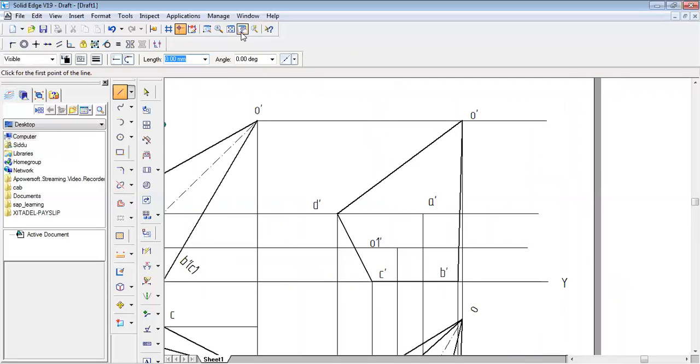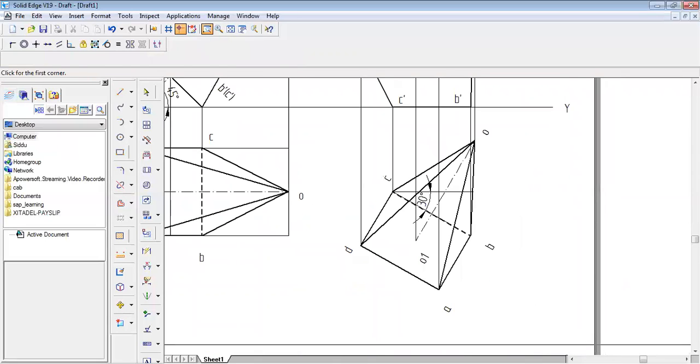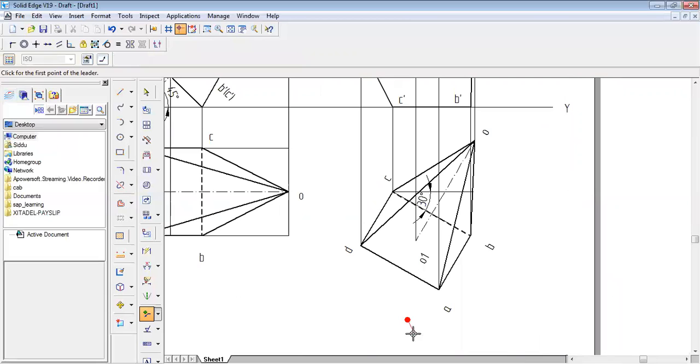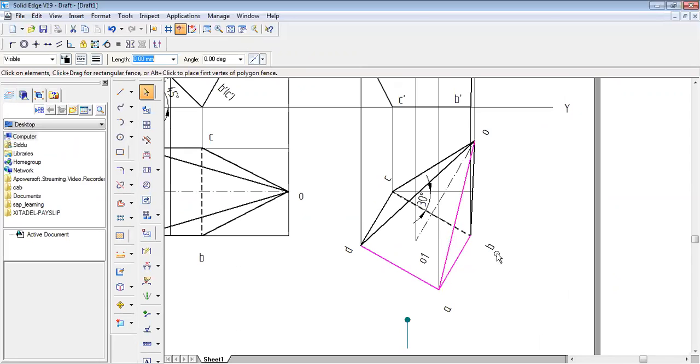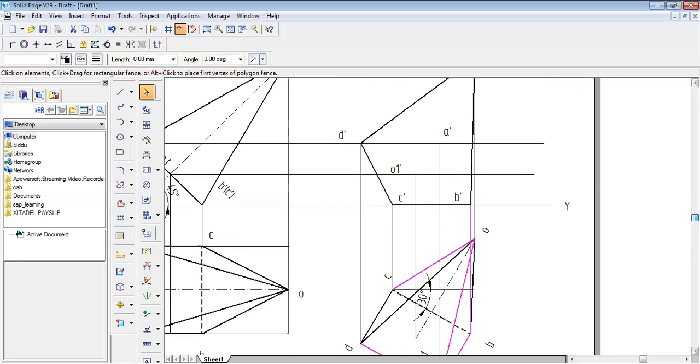So now friends, when I am looking from this direction, the surfaces which are nearer to me are AB, AD, and OA and OB, which are going to be seen by me, right? But the farthest from the observer is OC, which is going to be unseen to me, right? So first we'll connect AD and AB.